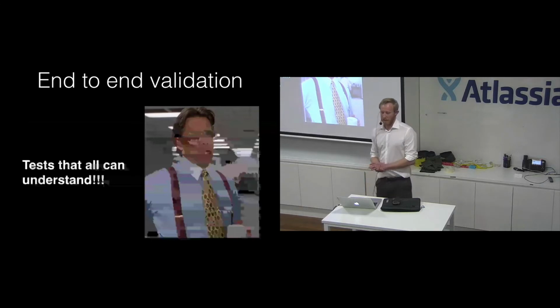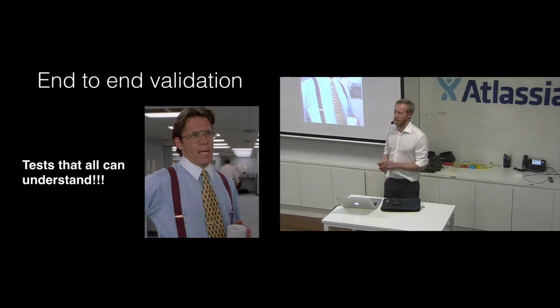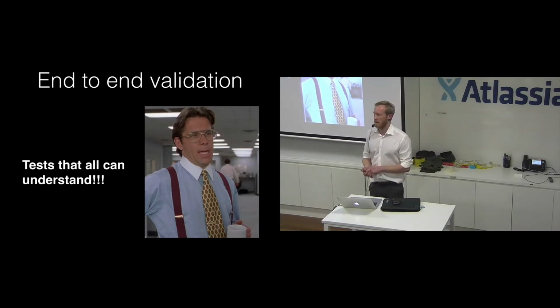So finally, the end-to-end validation, and this was another key area, because people like your boss, if you were lucky enough to have someone like Bill Lumbergh, could potentially actually make sense of what some of your tests are doing, and that's a very powerful thing, even as straightforward as unit tests are. In Java, you do have good BDD frameworks and so on.